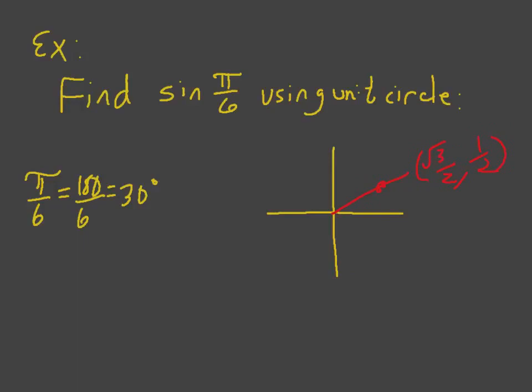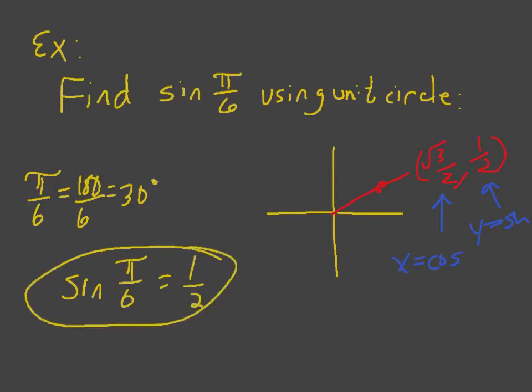Now remember, your x value is your cosine, your y value is your sine. So we know that the sine of pi over 6 is just that y value, 1/2.